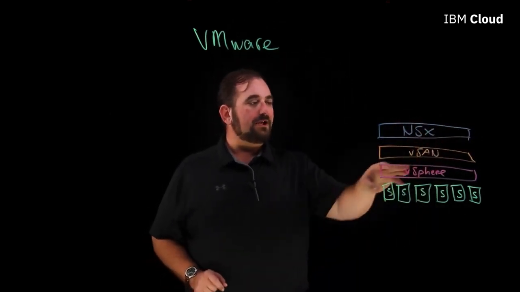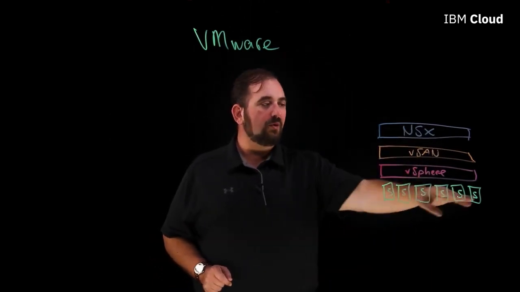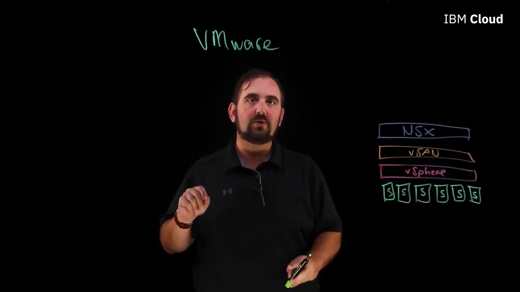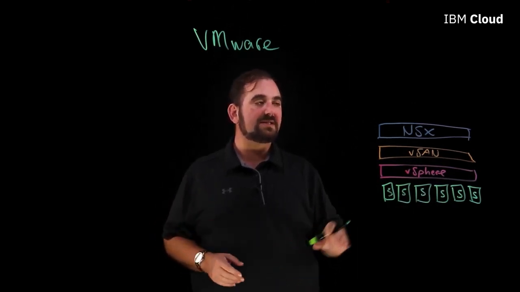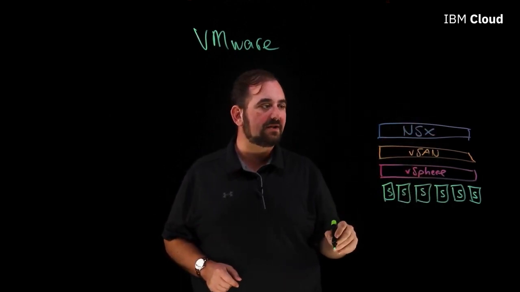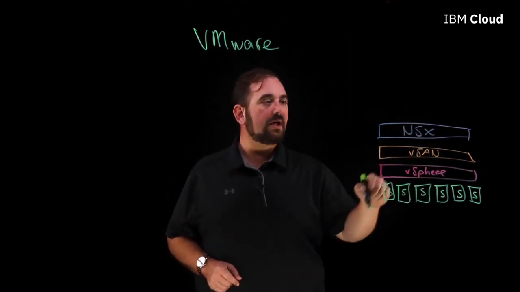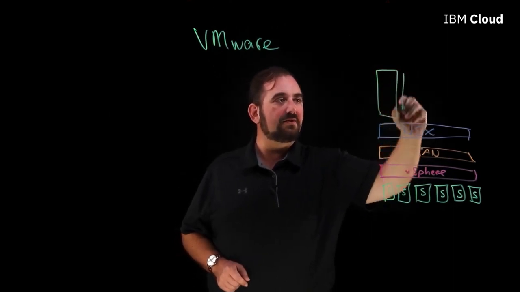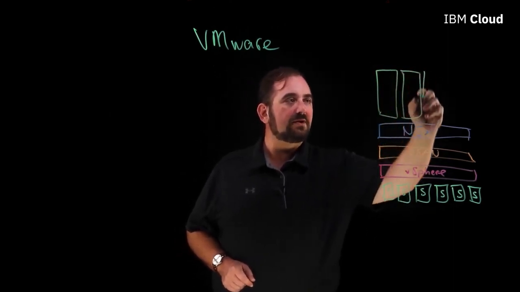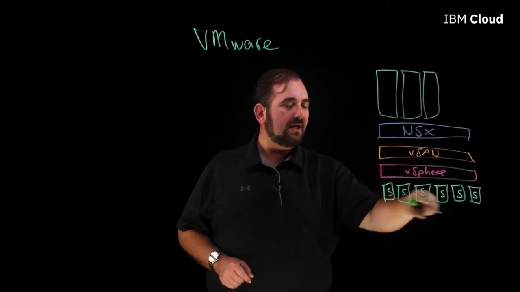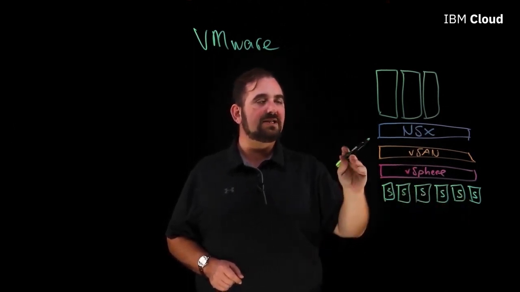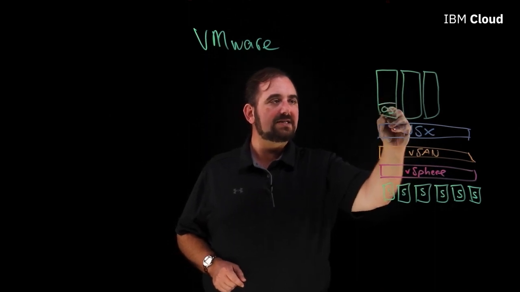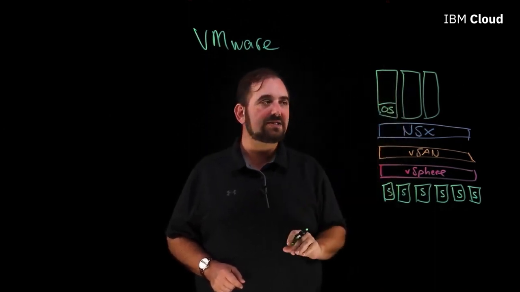So, using these 3 things together, we have a pool of compute resources, and we're going to be able to divide that pool up into virtual servers or virtual instances. This is our software-defined data center, right? Compute, storage, network. And so, we are then going to be able to provision virtual servers, and these virtual servers are only pieces of some of the underlying physical machines. And inside this virtual server, you've got your operating system, and then on top of it, you've got your application stack.